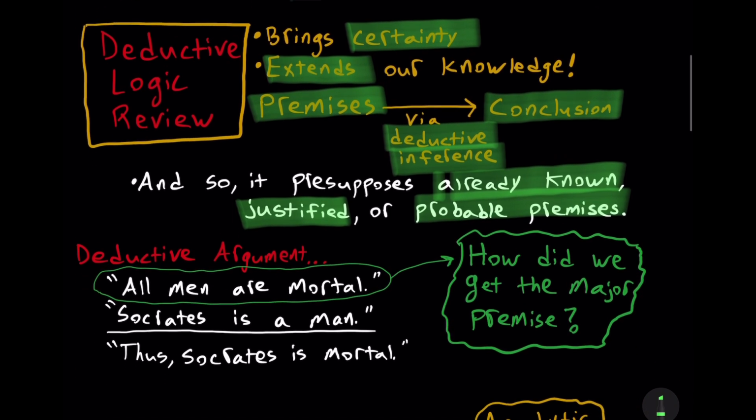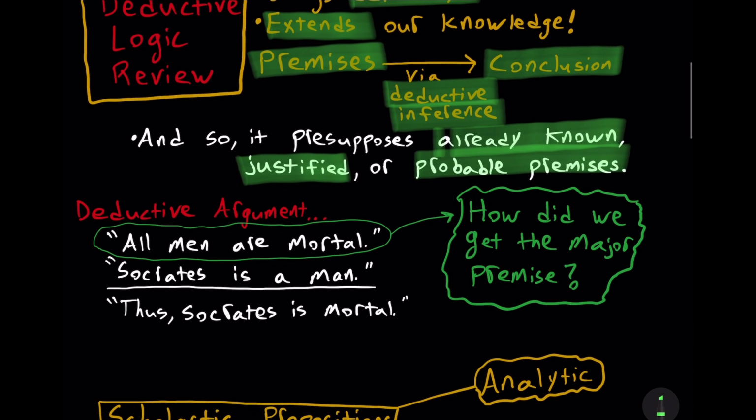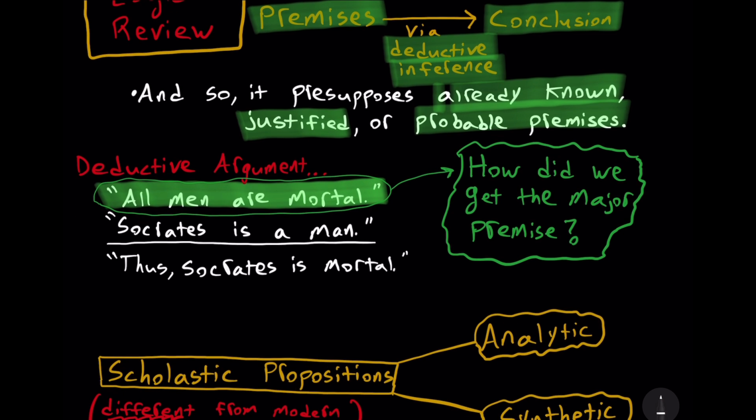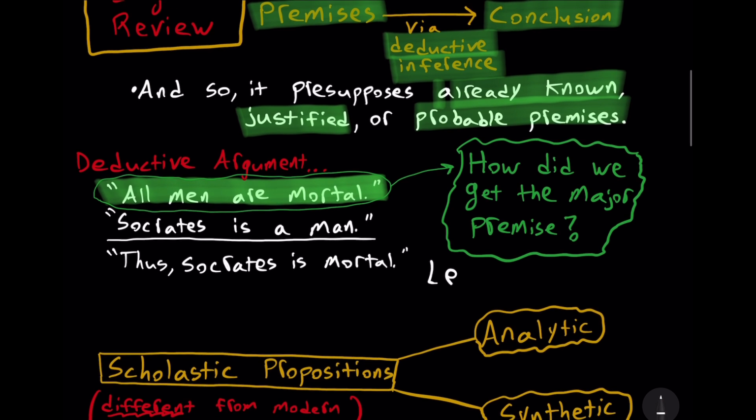Take the famous deductive argument, all men are mortal, Socrates is a man, thus Socrates is mortal. How do we get the major premise, all men are mortal? How do we know that premise is true? Well, the simple answer is that we learn via experience.